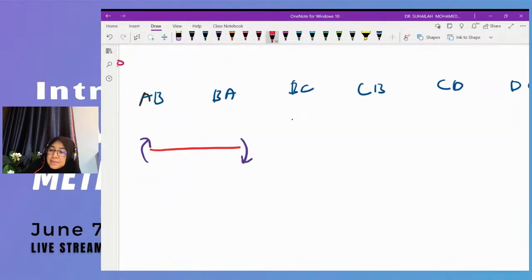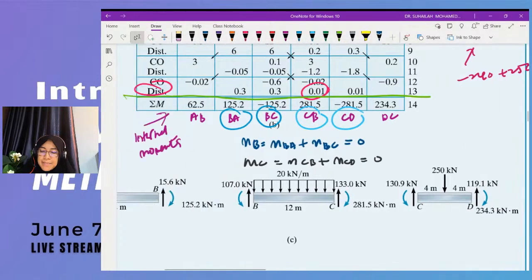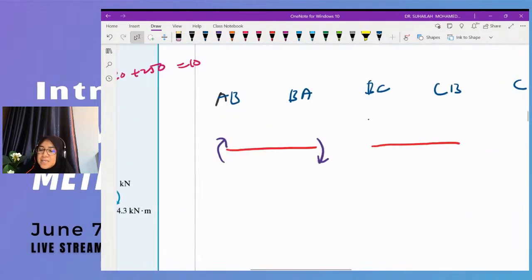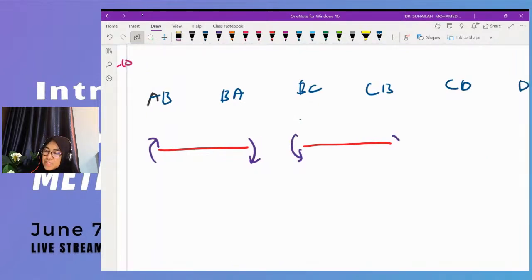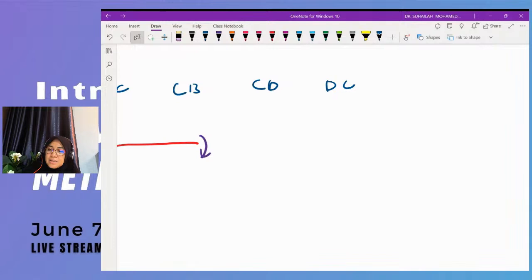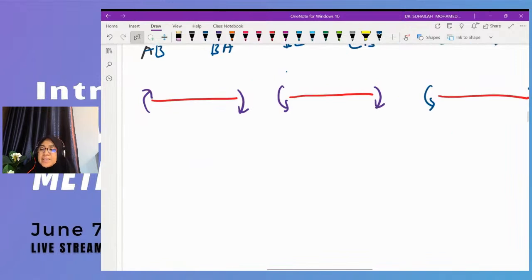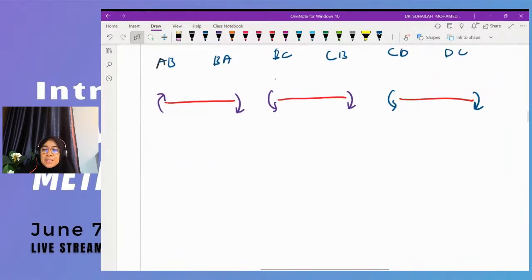BC is negative positive. CD is also negative positive. This is the moment direction that we get from the end moment, the internal moment in the table.